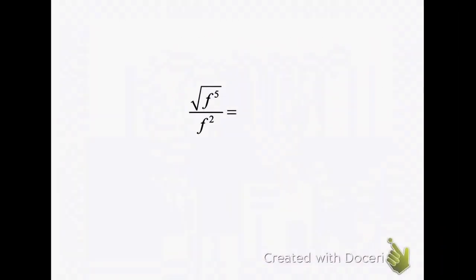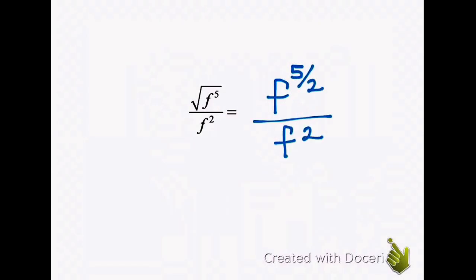On this one, they want you to do the same thing. So you need to rewrite that in exponential form. So if I wrote that in exponential form, that would give me f to the 5 over 2 power over f squared. Now I want you to use your exponent rules to simplify.